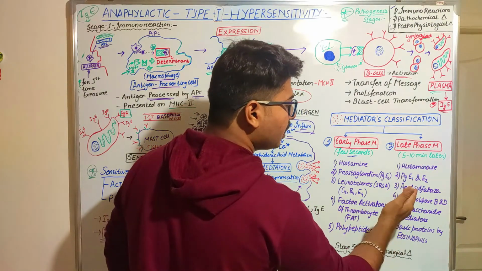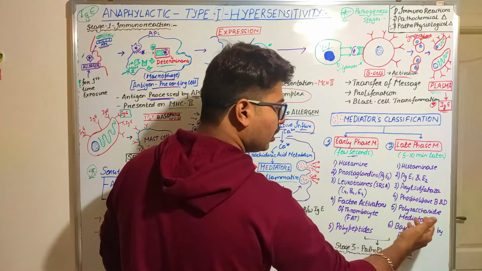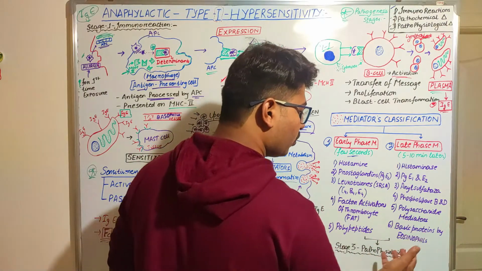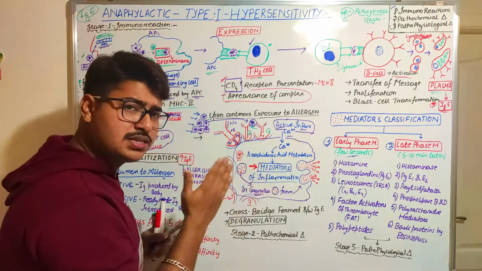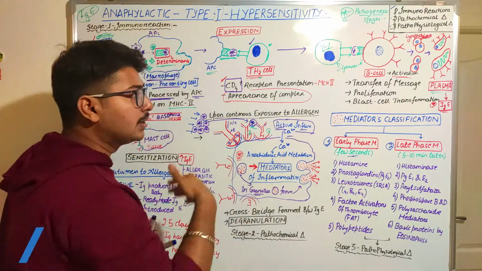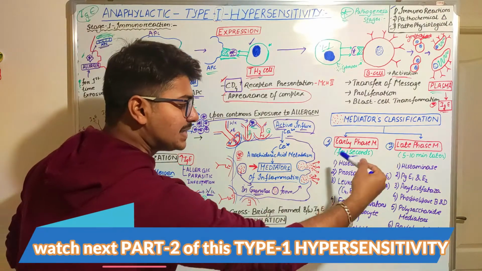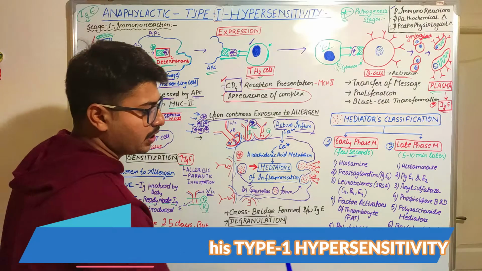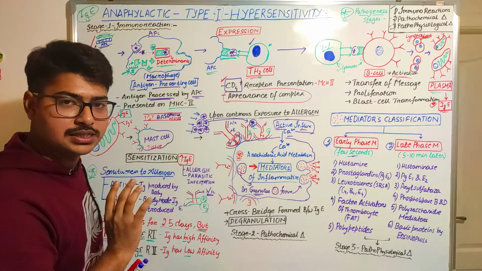And next come aryl sulfatase, phospholipase B and D, polysaccharides, basic proteins, and eosinophil mediators. These mediators have specific reactions in our body that I am going to tell you in my next slide. Okay, so these changes come under stage 3, the pathophysiological changes.